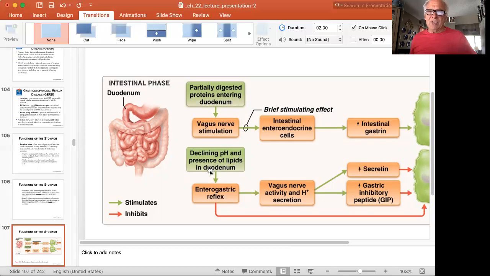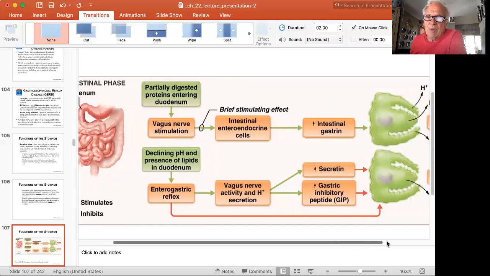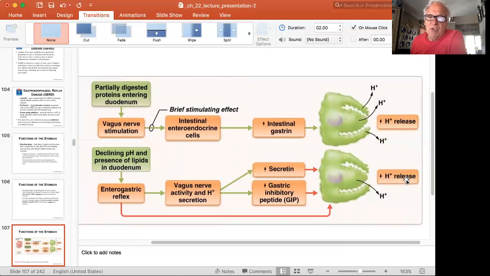And both the declining pH and the presence of lipids in the duodenum are going to affect the enterogastric reflex, which is going to stimulate the vagus nerve activity and hydrogen ion secretion. We're going to produce more secretin, more gastric inhibitory peptide, and we produce more hydrogen. So again, we're going to produce more pepsin to break down protein.